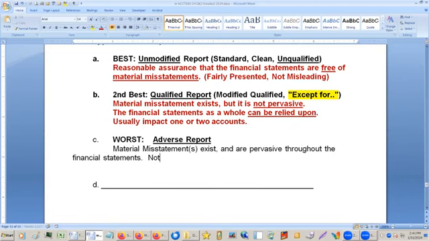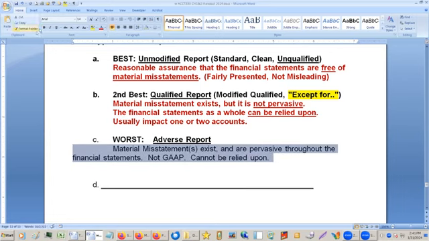These are also called not GAAP. They don't follow the rules. They cannot be relied upon. So these are the worst. This is the worst one you can get.